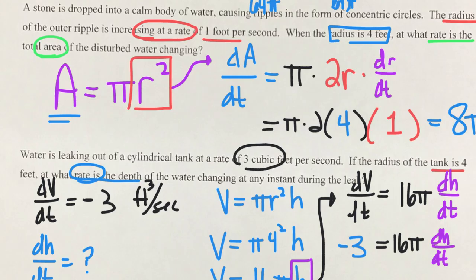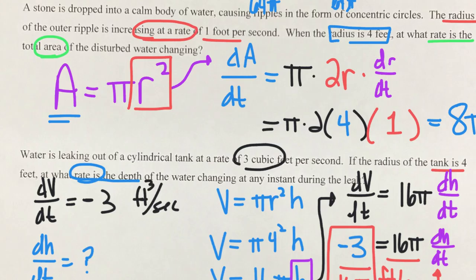So our one step is to divide both sides by 16 pi. Since that can't be simplified, that is a perfectly good answer, and our height is going to be feet per second is our rate of change of height, right? It's negative because the water is leaking out and the height of the water is getting shorter and shorter and shorter.